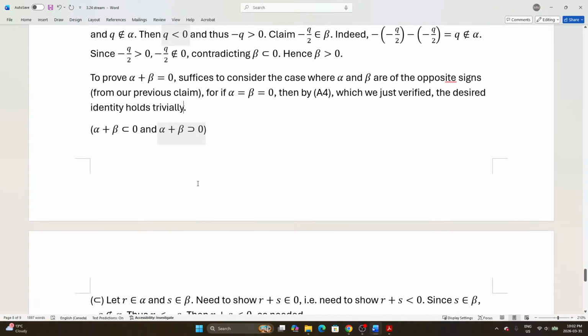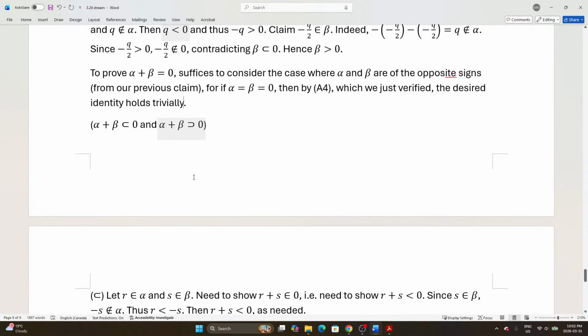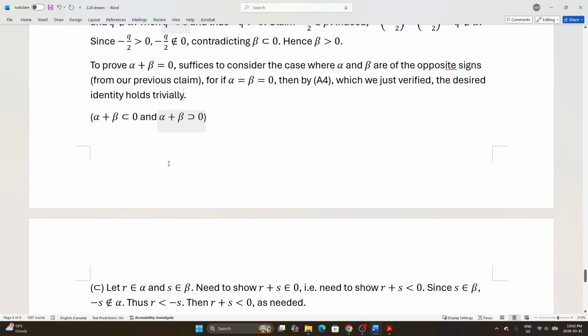Because if alpha is negative and beta is positive, you can just rename the letters. So let alpha be positive. So beta is negative.